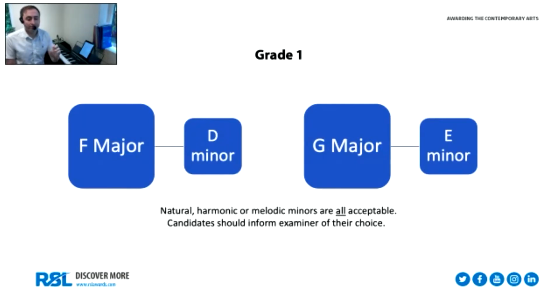The only thing is that you have to stick to one. You have to stick to one choice throughout the whole exam. You can't mix a melodic minor with a harmonic minor. It's got to be one of the 3 different types for all the scales that the candidate will be asked and that they need to prepare. And they need to tell the examiner before the exam begins as to which type of minor scale they've learnt.